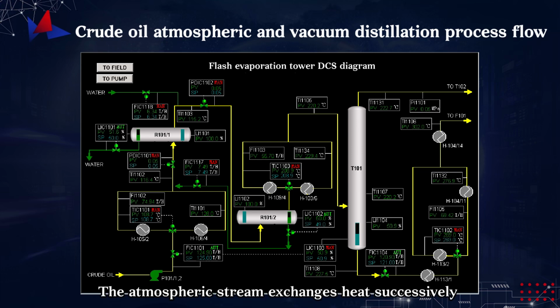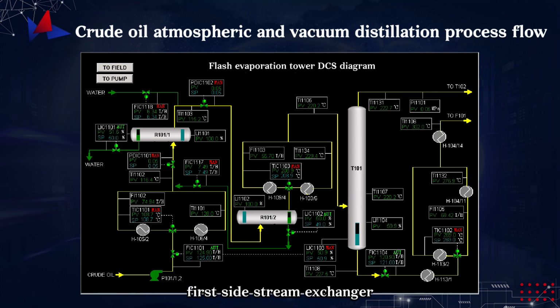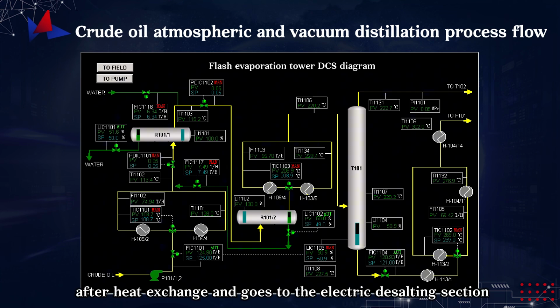The atmospheric stream exchanges heat successively with the crude oil ATM first side stream exchanger, crude oil ATM third side stream exchanger, crude oil ATM first intermediate reflux exchanger, and crude oil ATM second side stream exchanger, heating to 136 degrees Celsius. It mixes with the crude oil from the vacuum stream after heat exchange and goes to the electric desalting section.